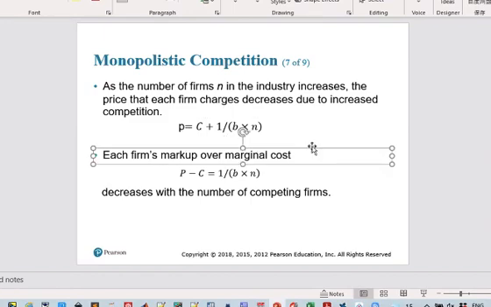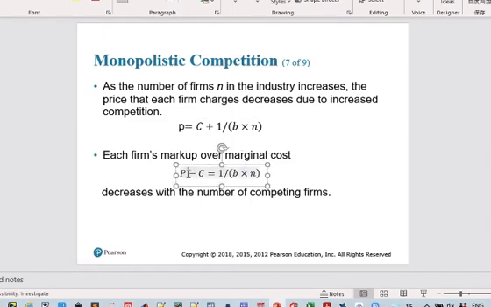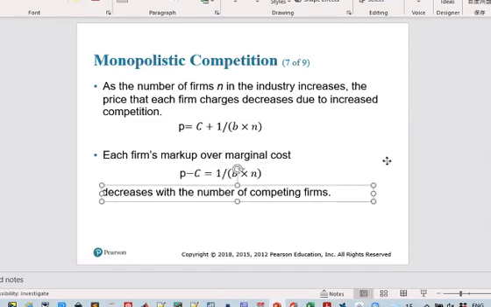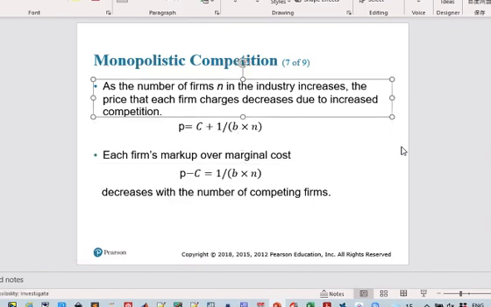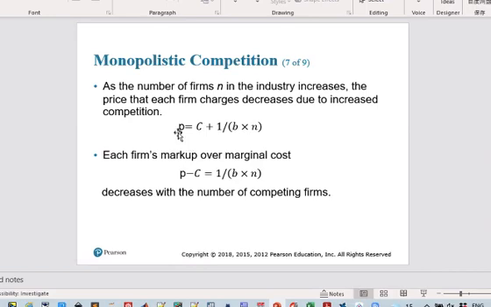I think the problem is that the PowerPoint slides are different from the textbook, and they cannot put the bar on top of the P. The textbook uses capital P as the price of the firm and P bar as the market price, and they cannot do that on the PowerPoint slides. So I just changed it to small p, and keep the capital P as the P bar. But you will see what I mean here anyway.